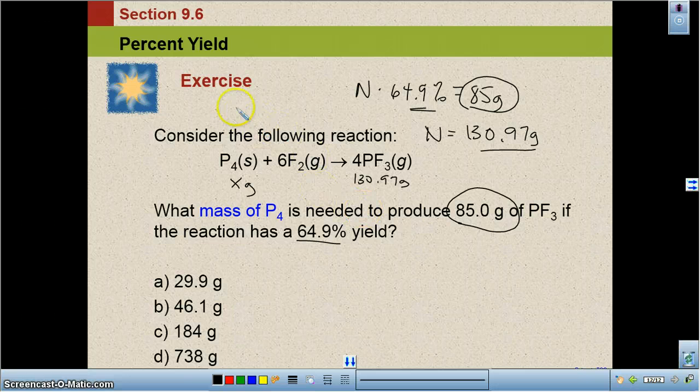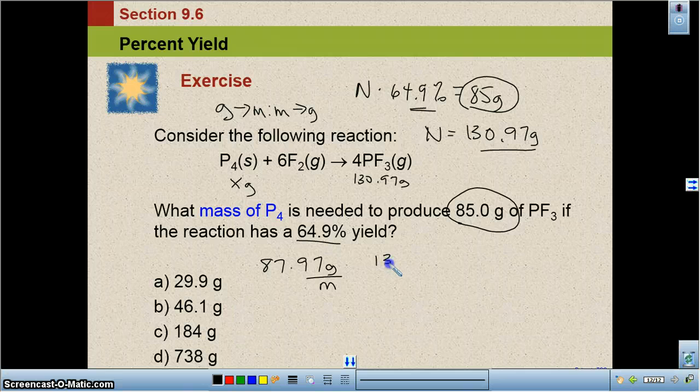Let's start with our gram to mole, mole to mole ratio, moles back to grams. So this is in grams, and we want to find this gram over here, so what we're going to have to do is change from grams to moles. The molar mass of PF3 is going to be 87.97 grams per mole.